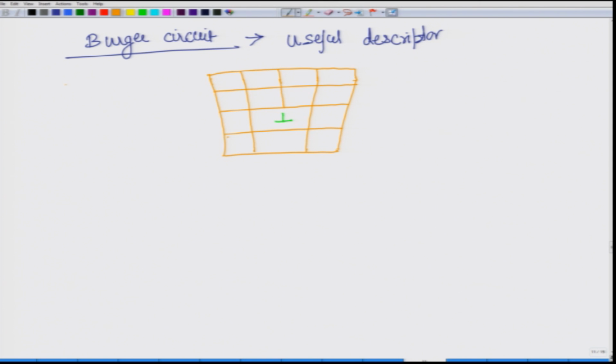Now, how would a region without a dislocation look? Let us draw that too. So, this will be a perfect lattice.